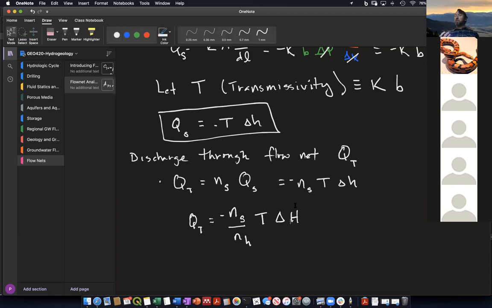Okay, so this allows me for some pretty complicated geometries. I can have curvilinear flow nets.